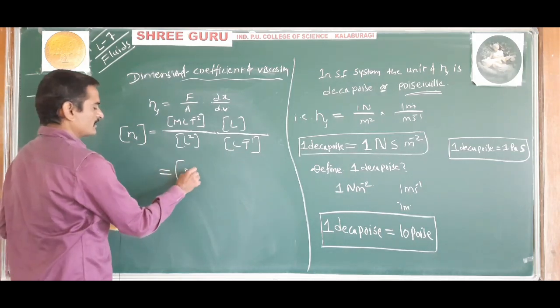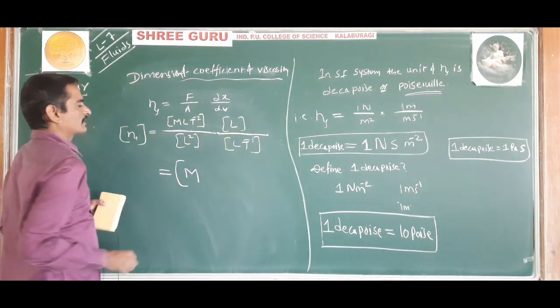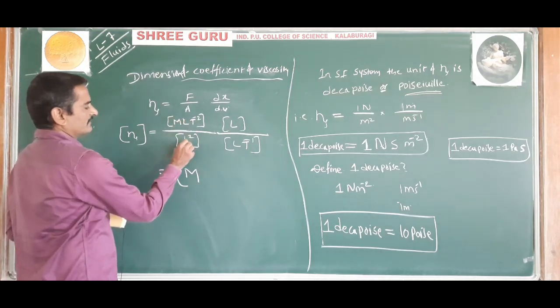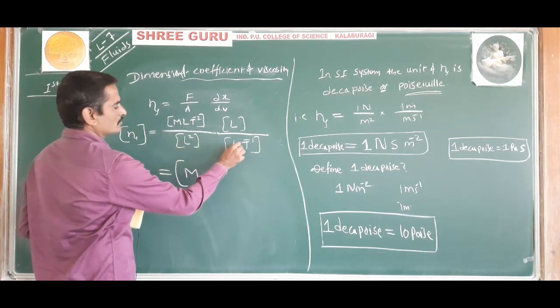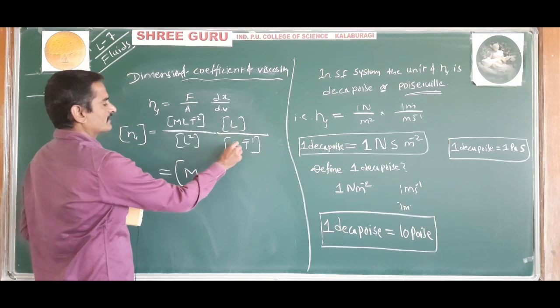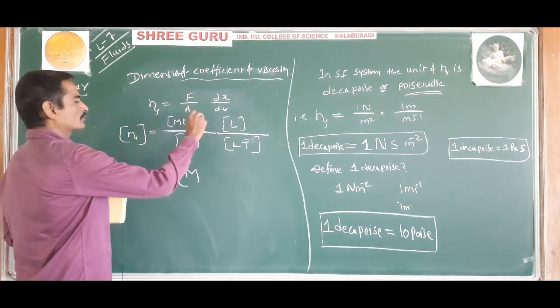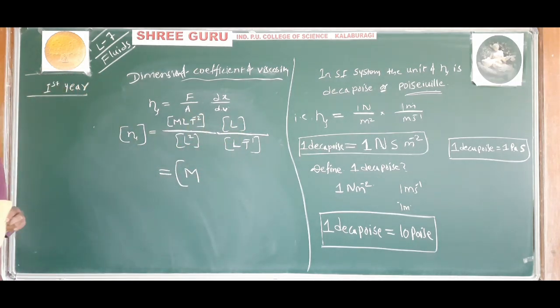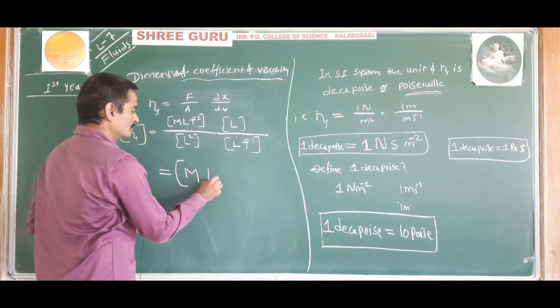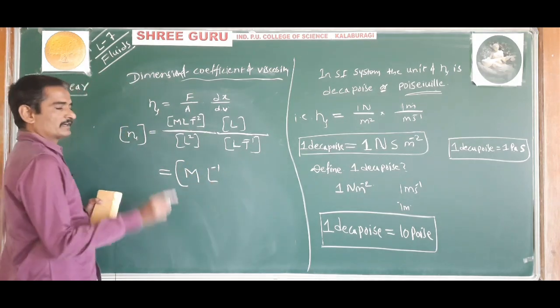So M will remain. L raised to 1 in the numerator, L raised to 2 in the denominator, and another L raised to 1 in the numerator, and this L raised to 1 cancels. So L raised to 2 taken to the numerator becomes L raised to minus 2; 1 minus 2 gives L raised to minus 1. Understood?